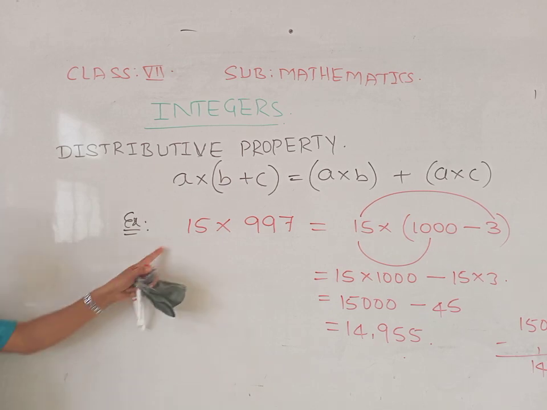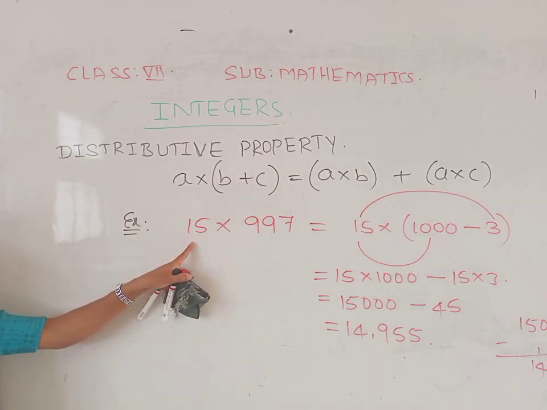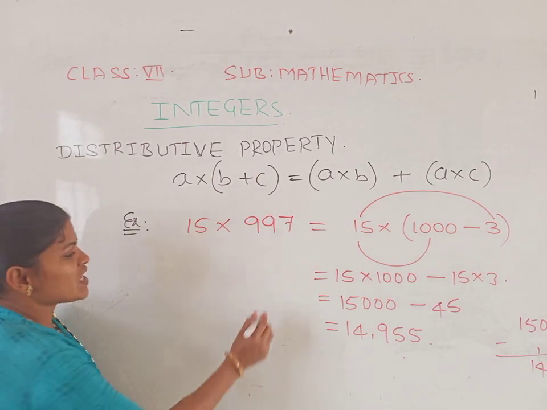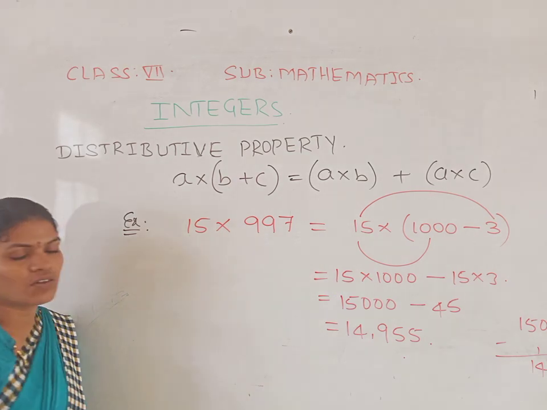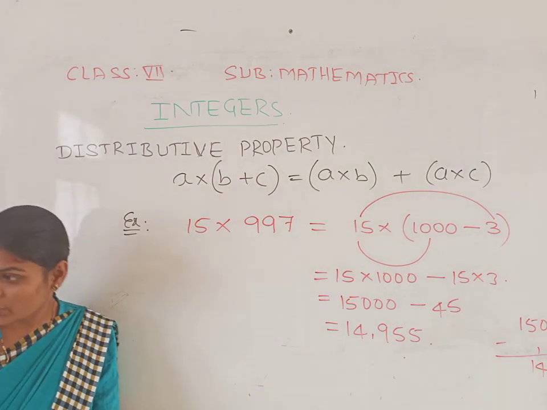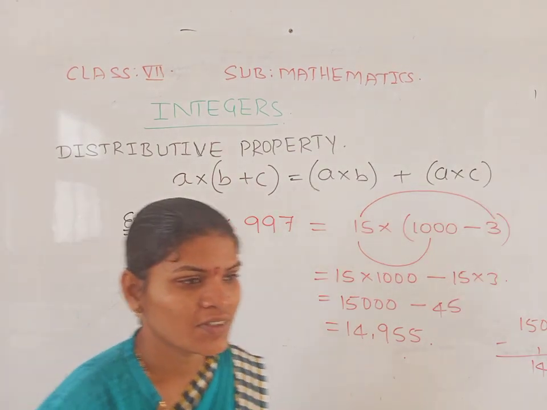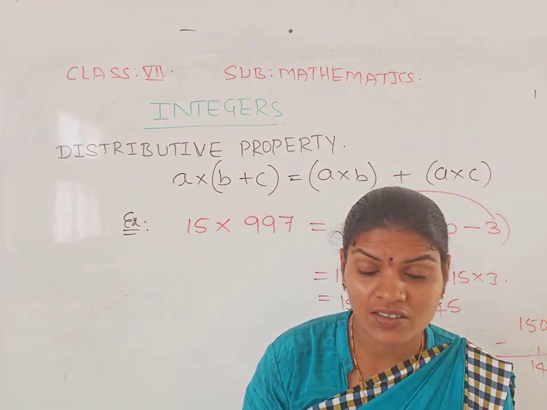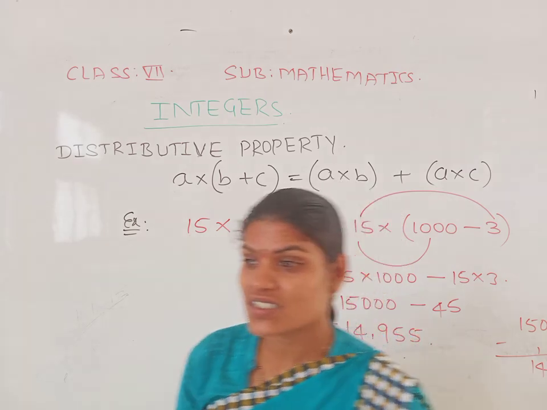How? Already we know the 15 table. We can multiply. Yes, clear? 15 sevens are what? Till 120. Good boy. Now you are in 7th standard. Still you don't know the 15 table. So please once again revise it.